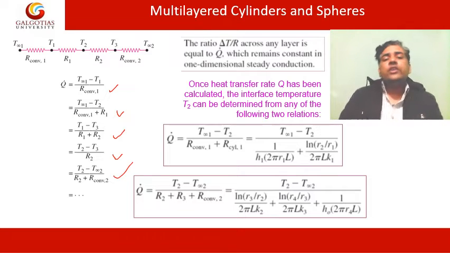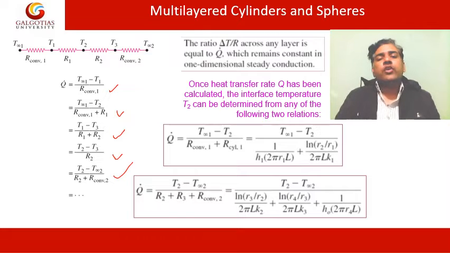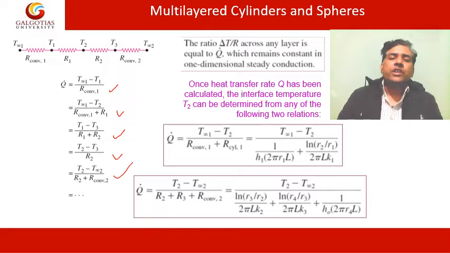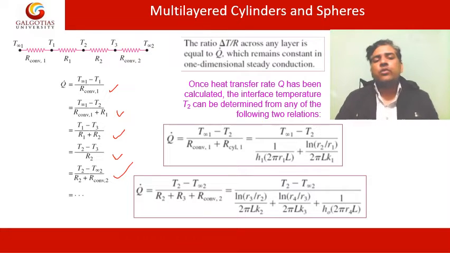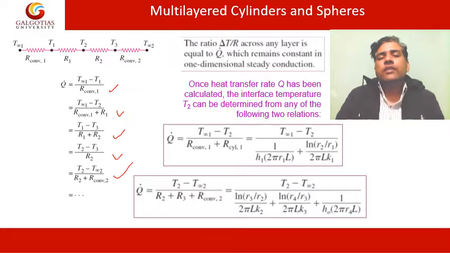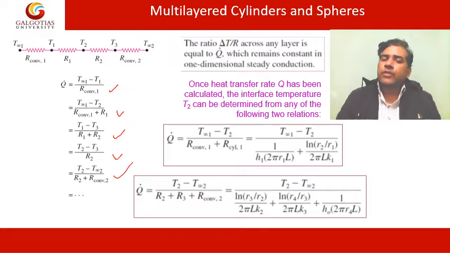The ratio delta T upon R across any layer is equal to Q, which remains constant in one-dimensional steady conduction. Once the heat transfer rate Q has been calculated, the interface temperature T2 can be calculated from either of the two following relations, as we can see from here. So this is what we have discussed, and let us move to the next slide.